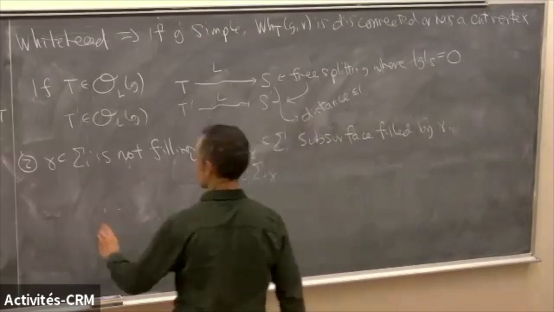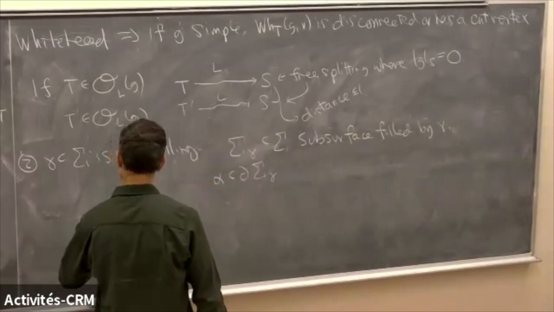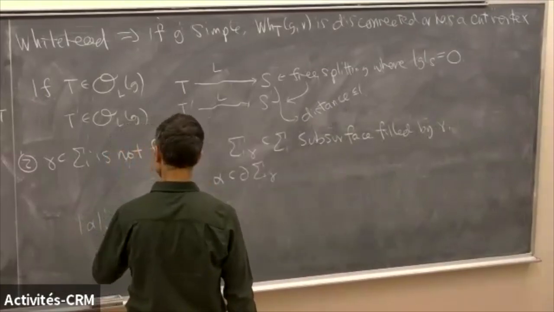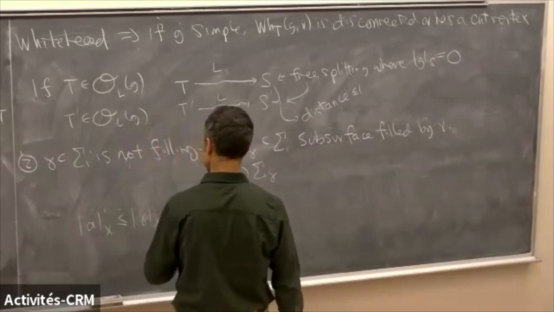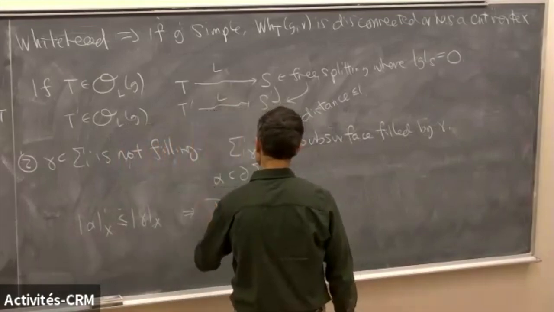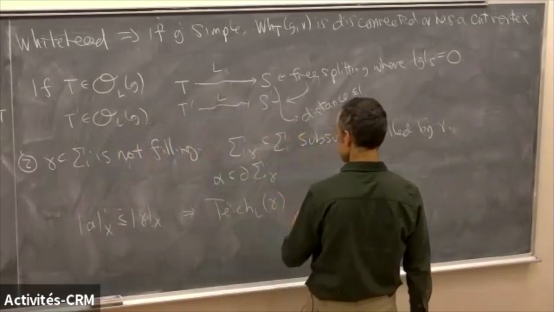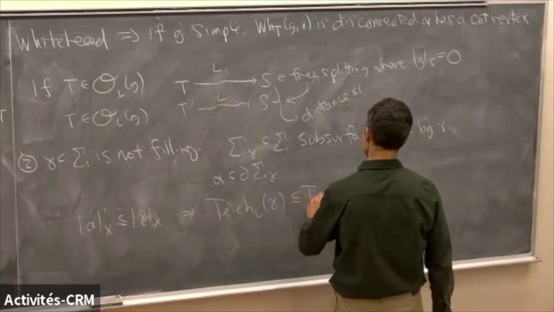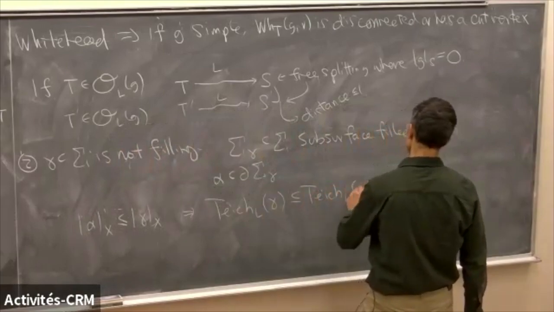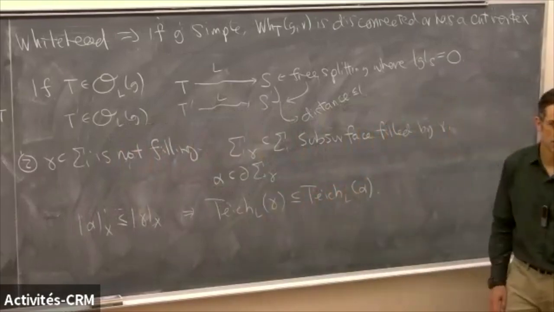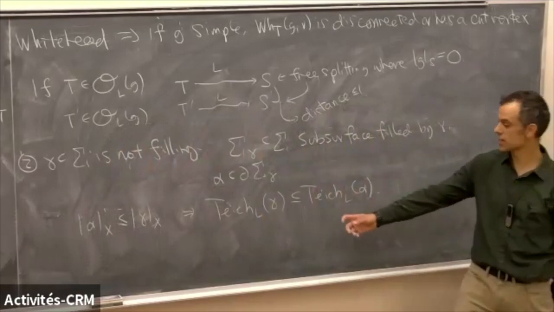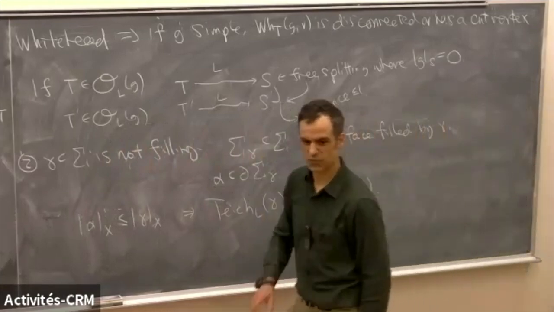So the length of alpha in any x is less than or equal to the length of gamma on any x. That tells me the region of Teichmuller space where gamma has length at most L is contained inside the region where alpha has length at most L. We showed this one has bounded projection, so does that one. Great.